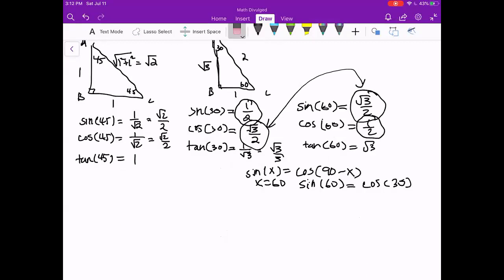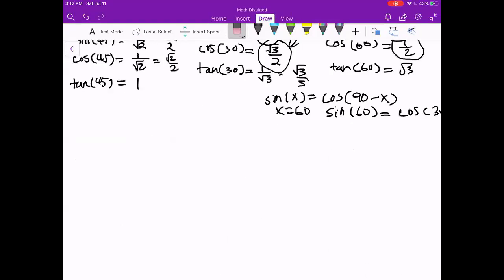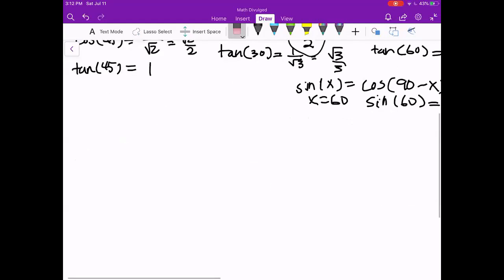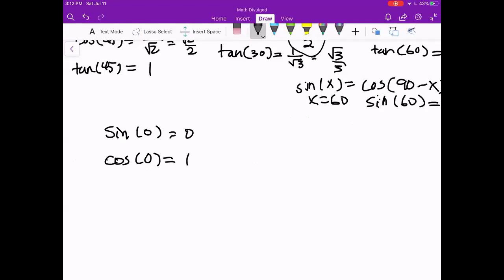So in short, there's no good way to measure it in a right triangle, but basically we have that the sine of 0 degrees is equal to 0. The cosine of 0 degrees is equal to 1. And the tangent of 0 degrees is equal to the sine divided by the cosine, 0 divided by 1, which is still 0.